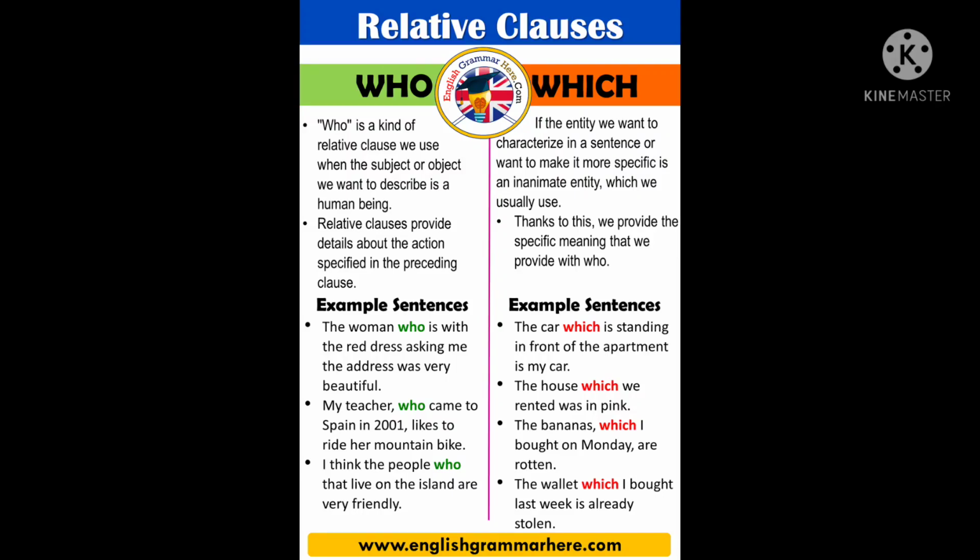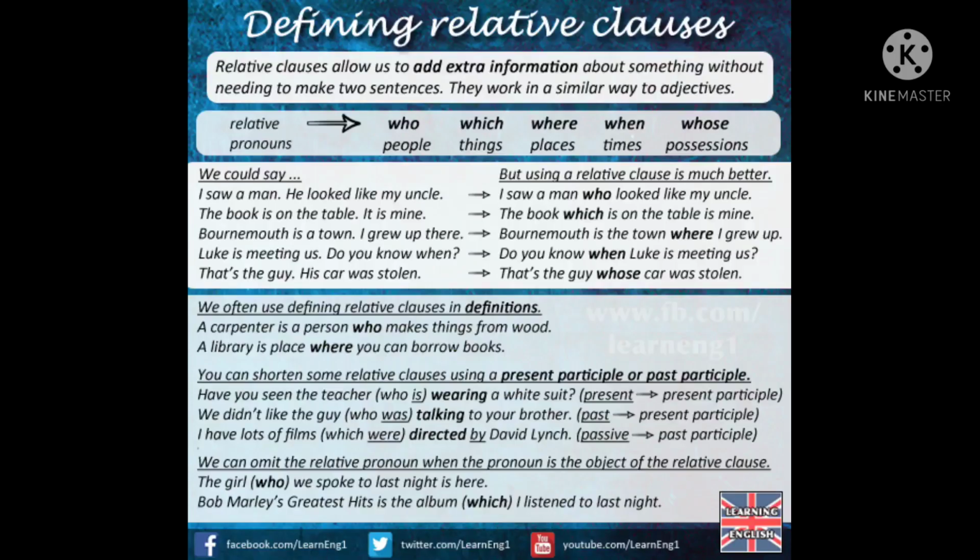Do you like the cat that is sleeping underneath the table? In this way, the relative pronouns play an important role in the topic relative clauses, and these words always refer to the subjects.